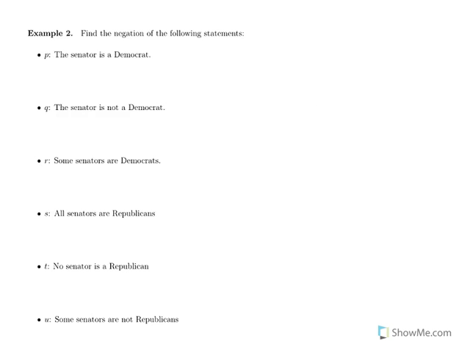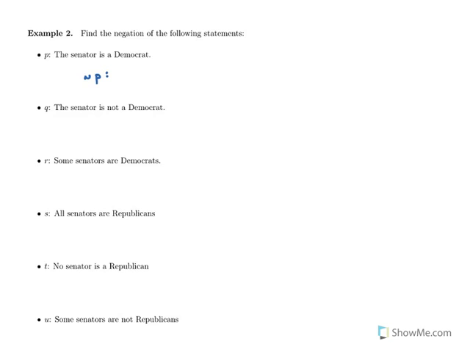All right, so we have a bunch of statements here, all fairly similar. Find the negation of the following statements. So the first statement is P, the senator is a Democrat. So the negation of that, not P, first of all, is not going to be that the senator is a Republican. That is not the opposite of being a Democrat, right?